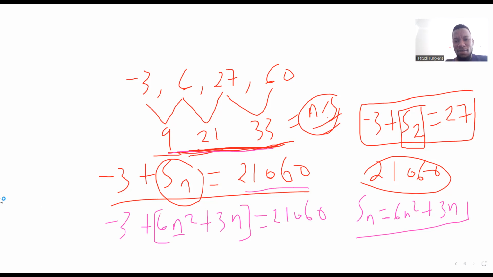Okay, so then we take this to the other side. You're just going to have 6n squared plus 3n minus 3 equals 2106. Let's just make sure.